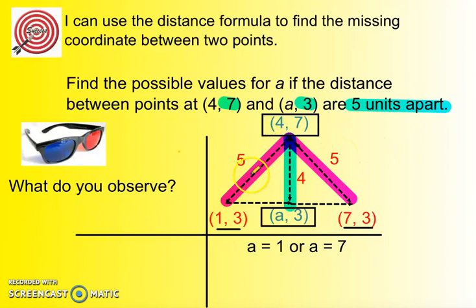Okay, and we're going to make them equal, because we're trying to figure out what the x coordinate could be to satisfy that it is 5 units away from the ordered pair (4, 7). Okay, and once we make those 2 lines, this looks very similar to what we did with the Pythagorean theorem.